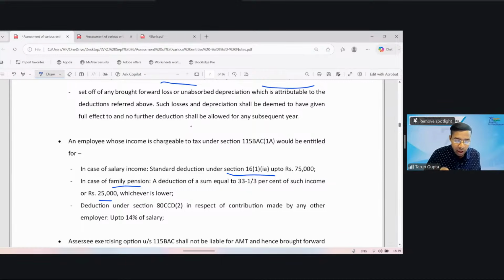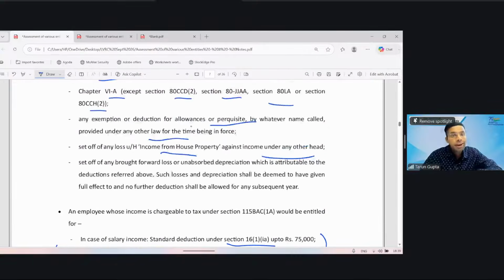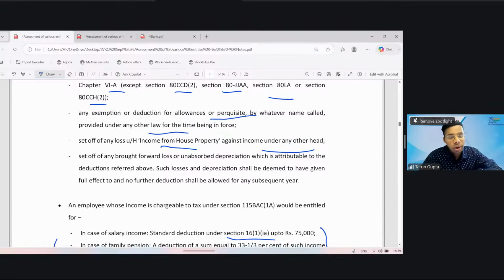Lastly, under section 80CCD(2), employer contribution to NPS, the deduction is allowed up to 14% of the salary if the employee opts for the new tax regime. However, if the employee opts for the old tax regime, then the deduction is allowed up to 10%. So these three are actually the benefits of the new tax regime. And the other was the denial of the exemption and deduction under the new tax regime.